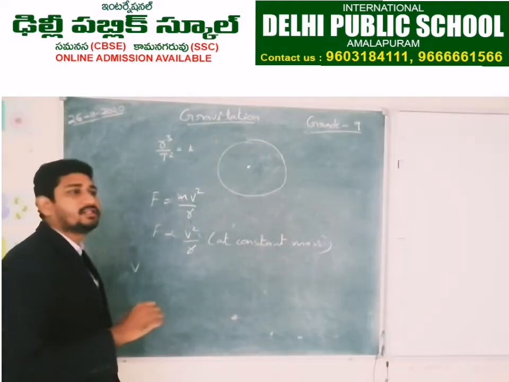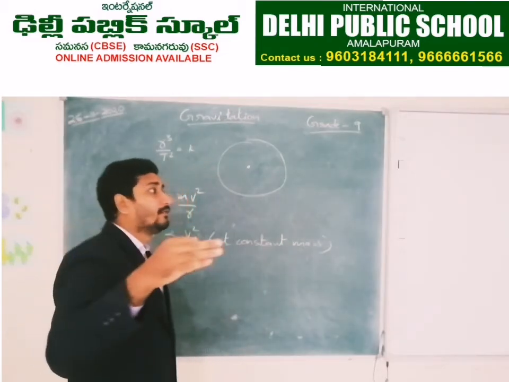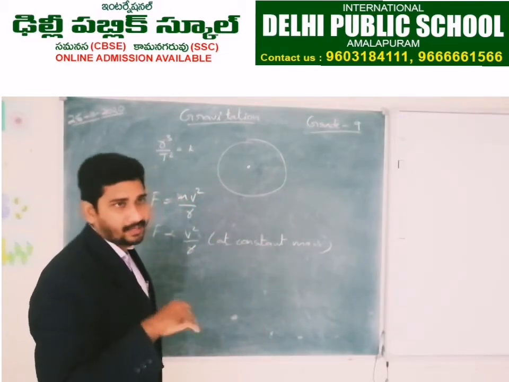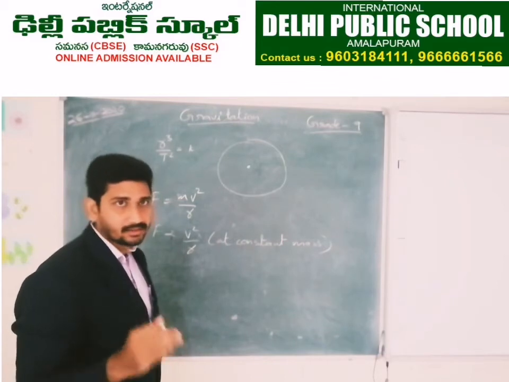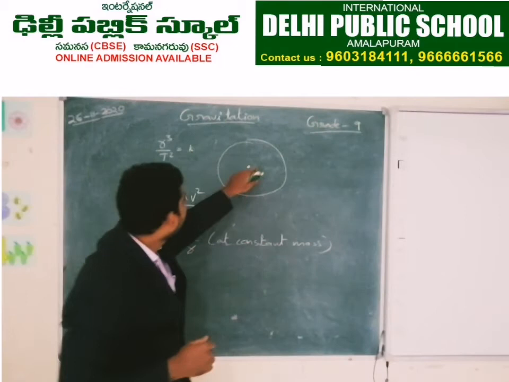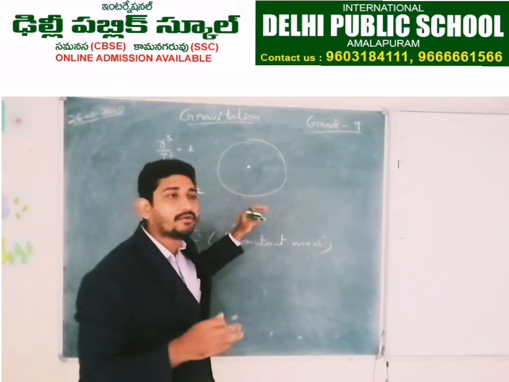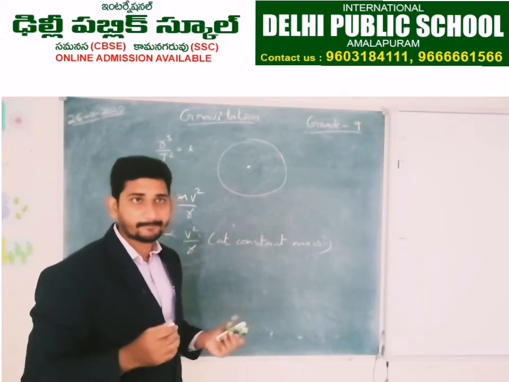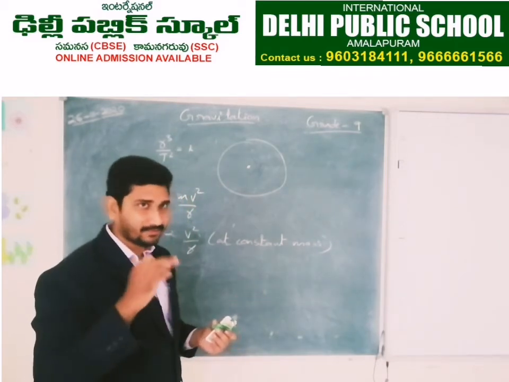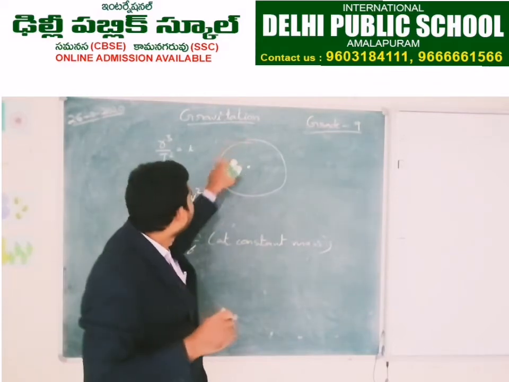What is the velocity of an object when it is moving in a circular path? What is velocity? Displacement by time. Here, if the object is moving in a circular path, what will be the distance? Displacement is 0. Distance? From here to here.